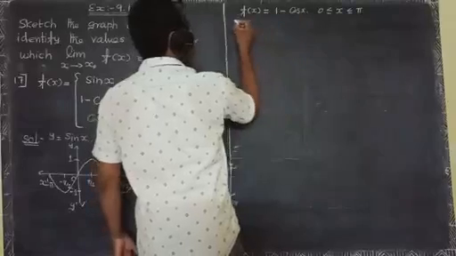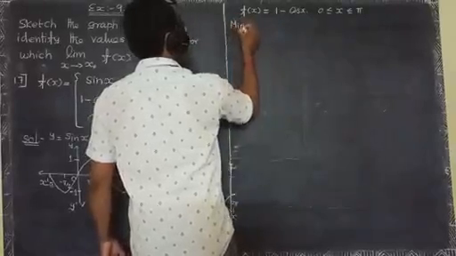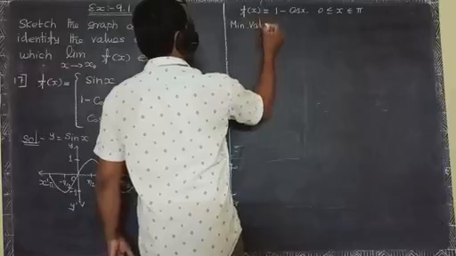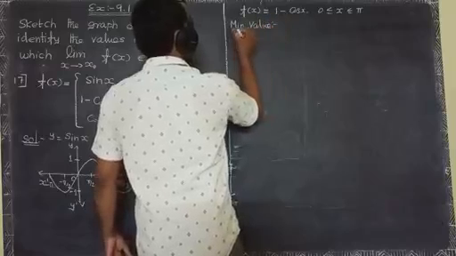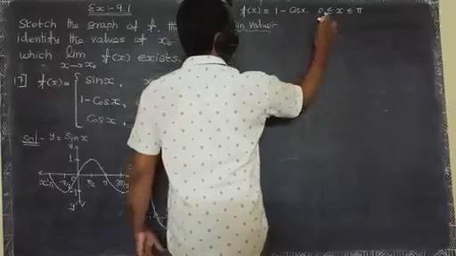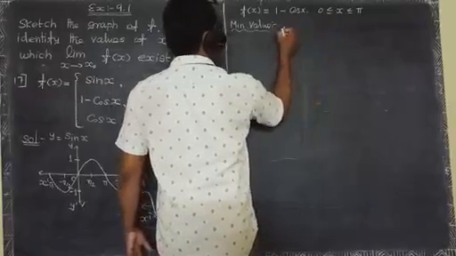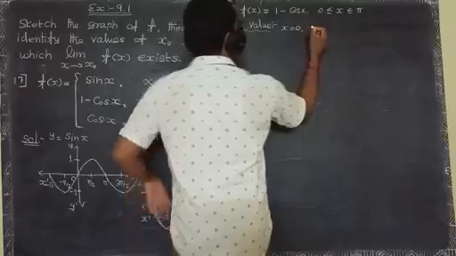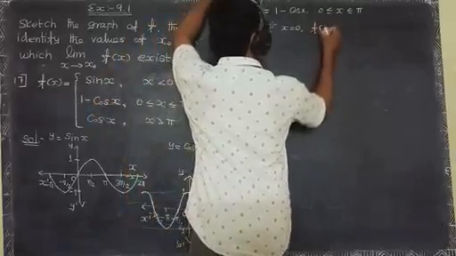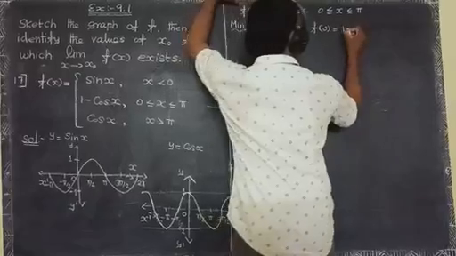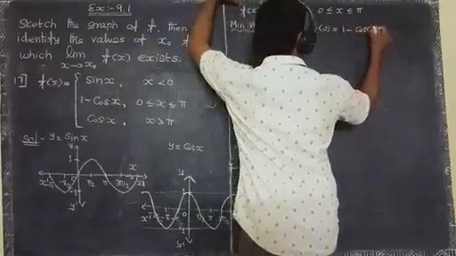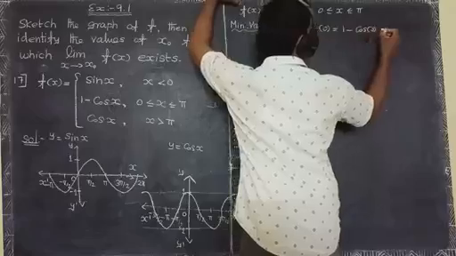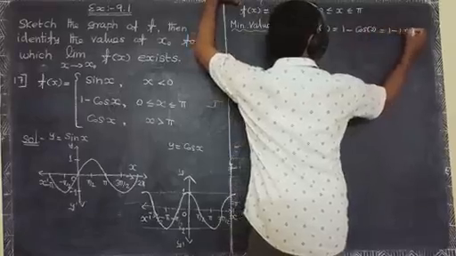To find the minimum value, take x equal to 0. Then f of 0 equals 1 minus cos 0. Cos 0 is 1, 1 minus 1 is 0.